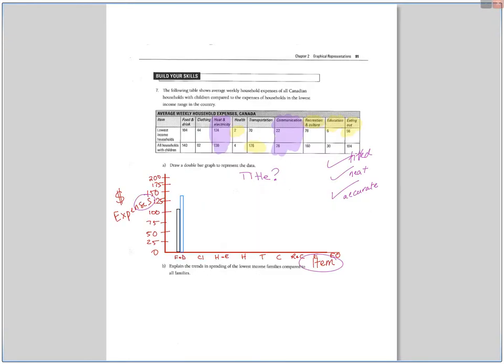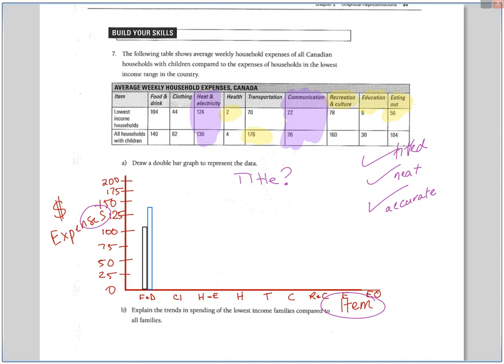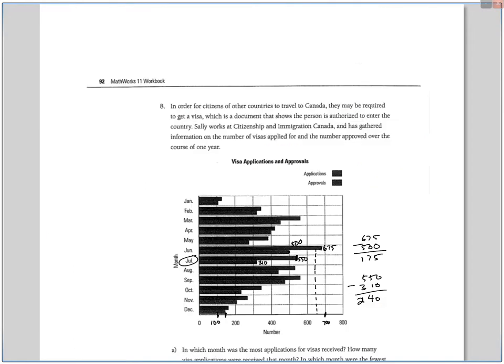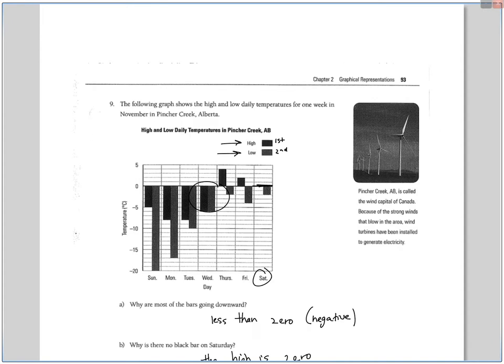Okay. Question 7. We didn't complete this one either. Okay, so this one compared low-income households to all households. Question 8 compared applications to approvals. And question 9 was the high-low daily temperature.